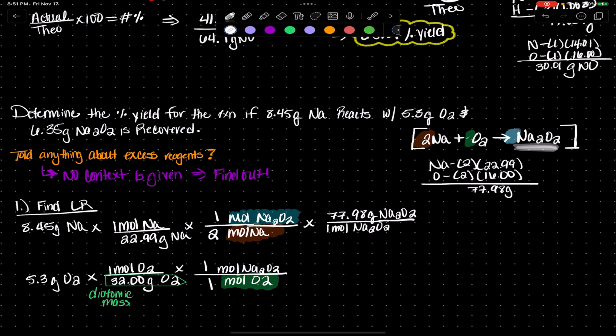So go ahead and drop that down as a 1 and 1. So I'm sitting in moles of sodium oxide. So for every 1 mole of Na2O2, I got that same molar mass we just calculated.